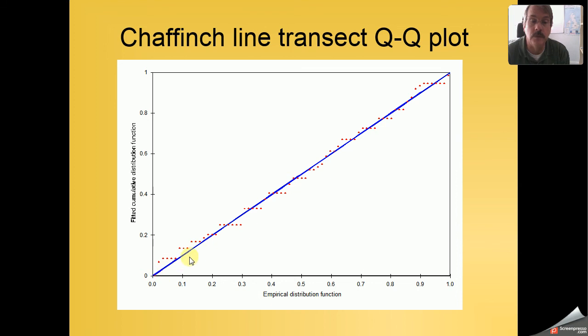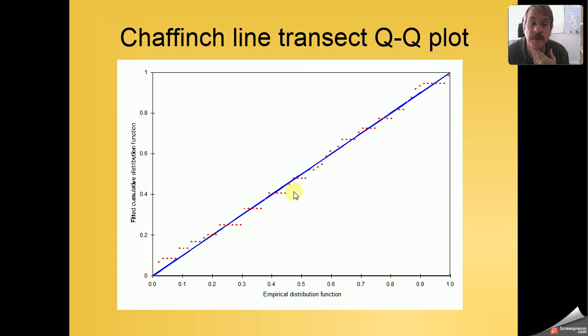So rather than all of these red data points landing on the blue 45-degree line, we see a number of data points living on this horizontal band, then a jump, then another horizontal band, then a jump, and another horizontal band. So that's an indication of some departure from or deviation between our observed data, empirical, and our predicted or fitted cumulative distribution function.